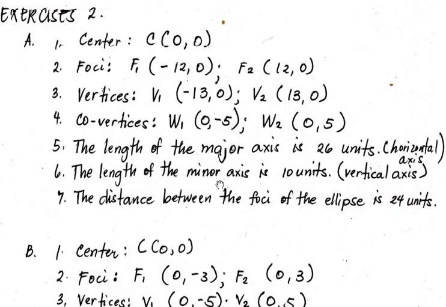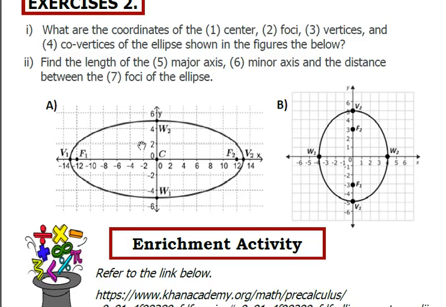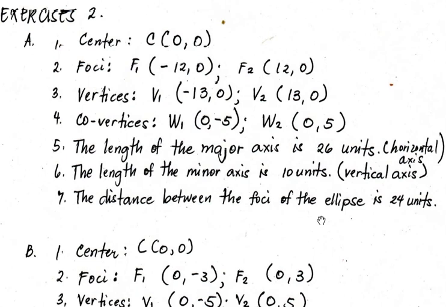So the length of the minor axis is 10 units, and it's the vertical minor axis. For the distance between the two foci, from the center going to F1 is 12 units, and from the center going to F2 is another 12 units. So the length between F1 and F2 is 24 units.